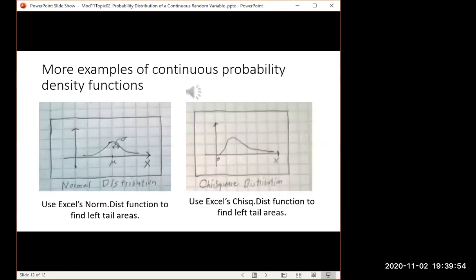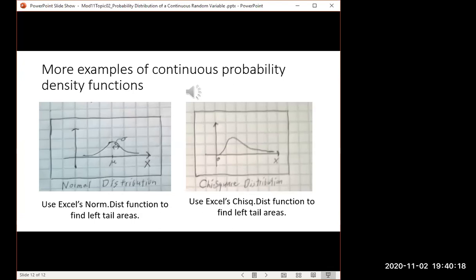So here are two more examples of continuous probability density functions. The normal distribution, this kind of bell-shaped curve that we've already talked about a little bit. We talked about roughly normal distributions before that were symmetrical, unimodal, and without outliers.